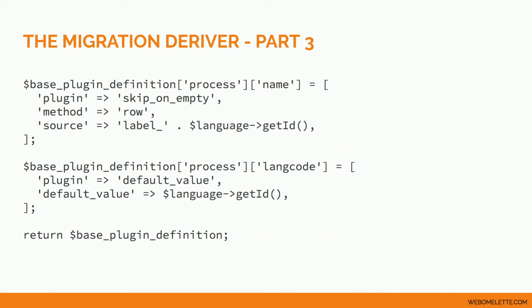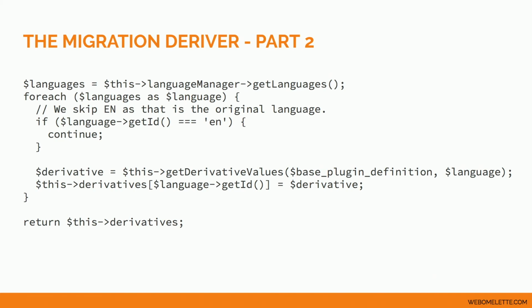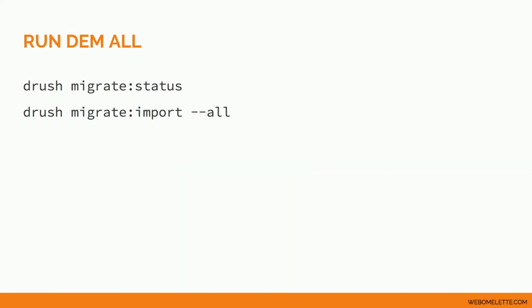It will go into this, and then it will return all the derivatives. That's pretty much it. Clear the cache. Migrate status will now show two migrations: categories, and then category translations, RO.